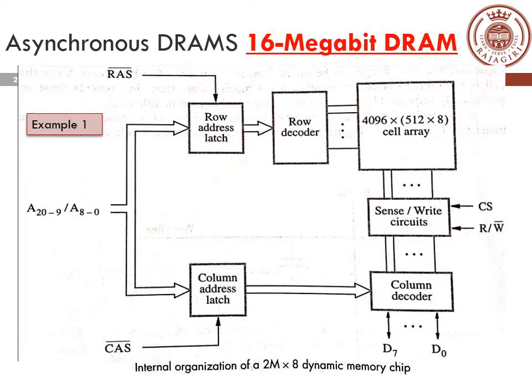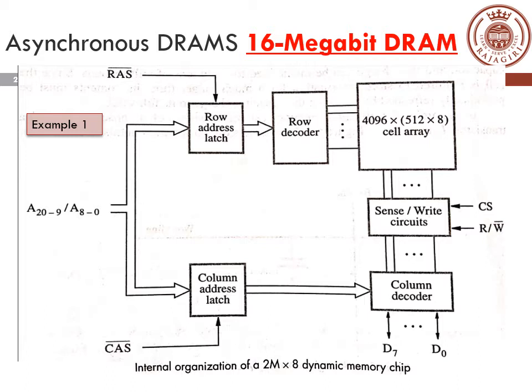Let's take an example. You are going to construct a 16 megabit DRAM. Now in the diagram you can see a cell array, which is a 16 megabit DRAM cell array, and you are having a row decoder and a column decoder. You are having a row address latch which holds the row address, and the corresponding row decoder that decodes the row.